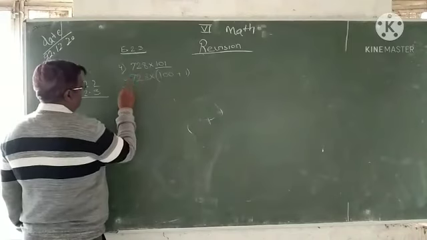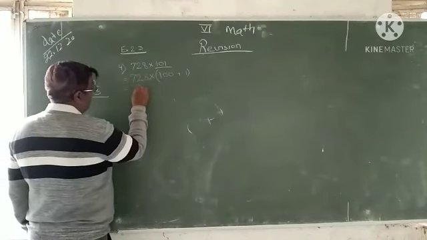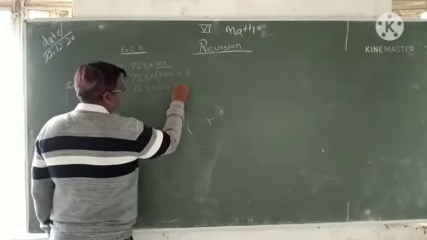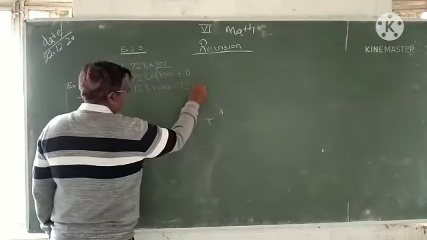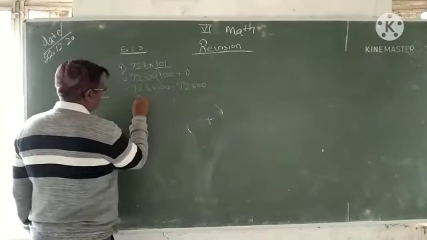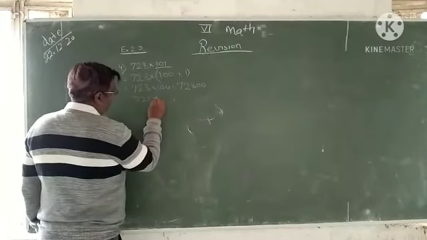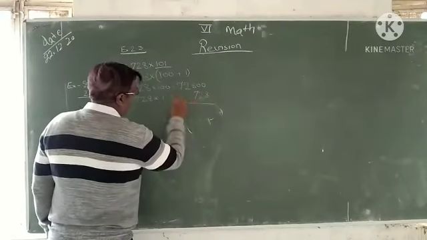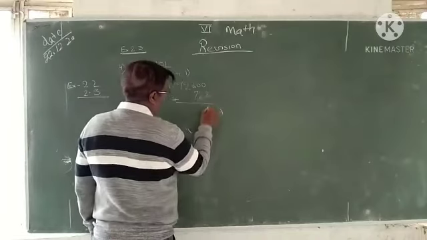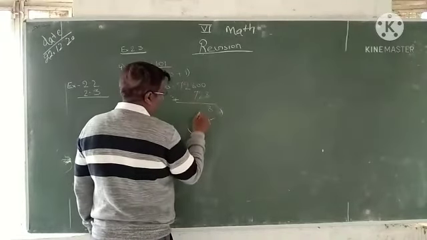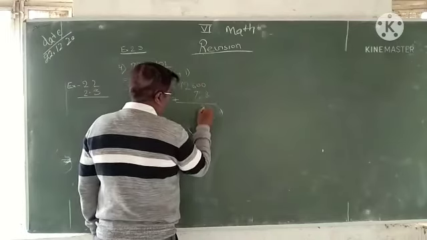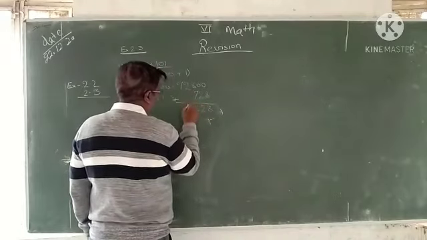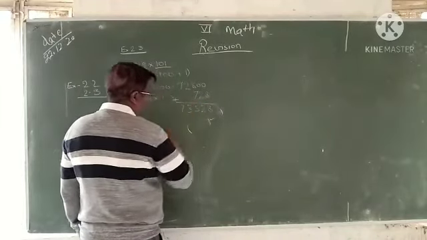If we multiply 728 with 100, we get 72800, and 728 with 1, we get 728. So add this: 8 plus 0 is 8, 2 plus 0 is 2, 7 plus 8 is 15, carry 1, 2 and 1, 3, and 7.